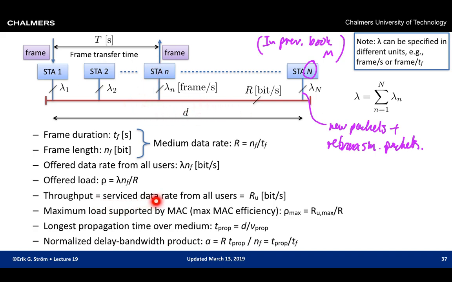If we can measure the useful data rate, RU, in bits per second, then the maximum load supported by this medium access control scheme, also known as the maximum efficiency, is rho max, the maximum value of this useful data rate divided by R.